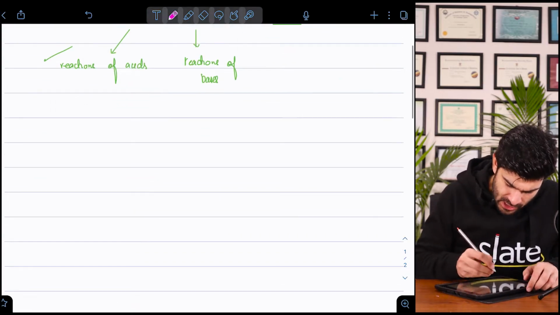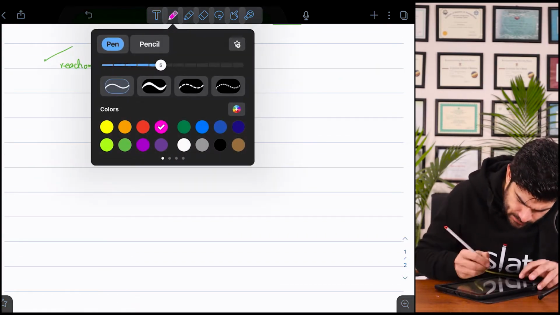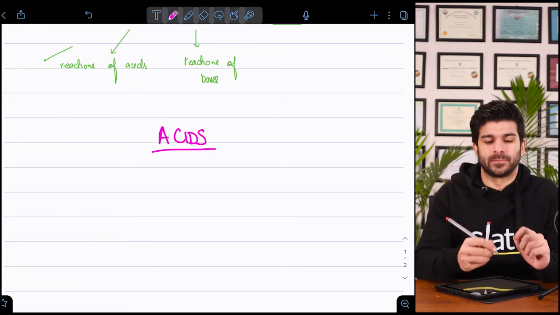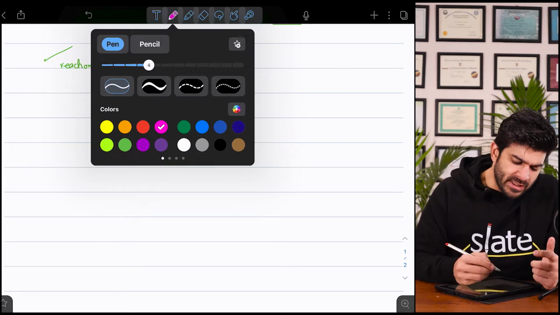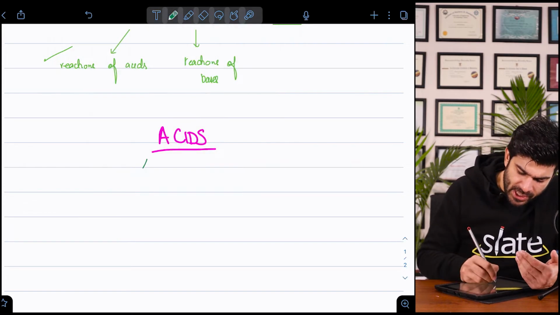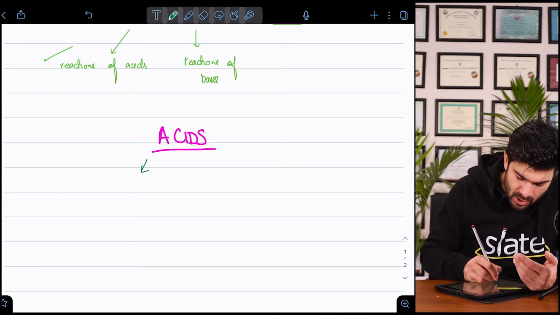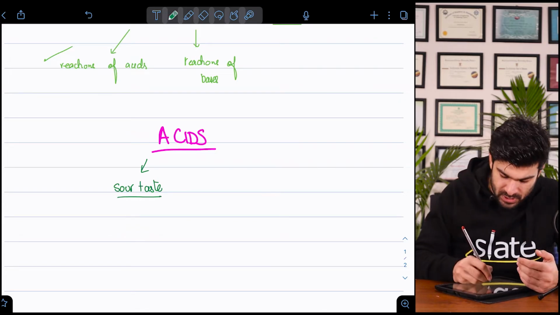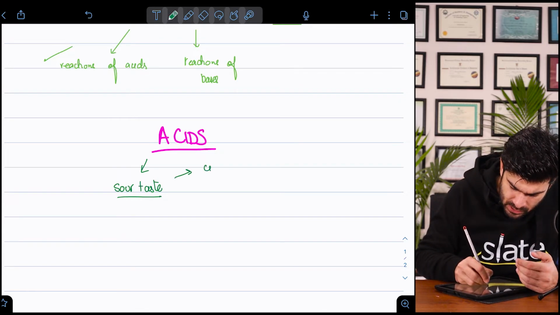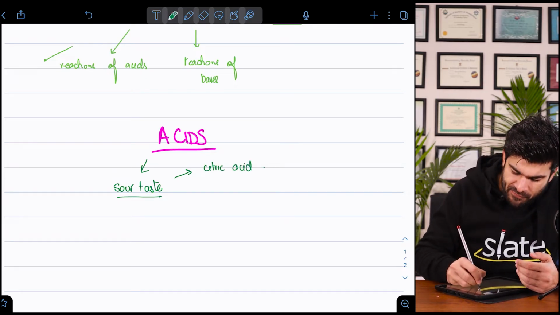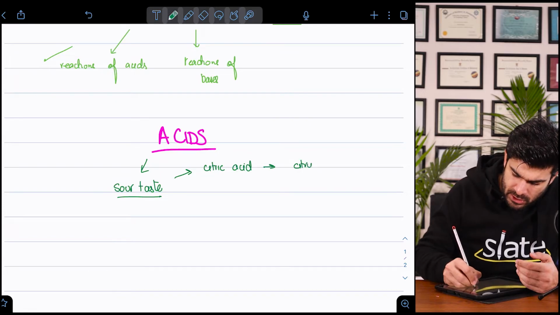At first, let's start with acids. Now, there are various definitions of acids, but for instance, initially acids were just famous for having a sour taste. We can easily remember the examples. For example, we have citric acid found in citrus fruits.